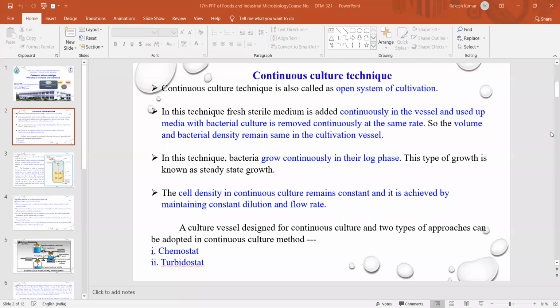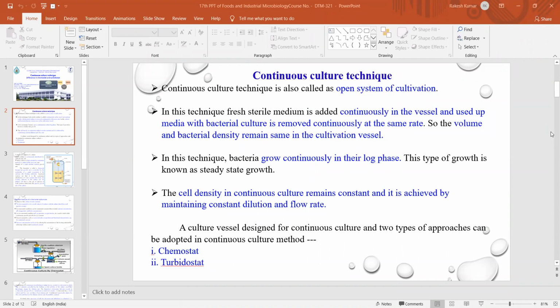So the continuous culture technique is also called an open system of cultivation of different types of microorganisms. So what is happening in this system?